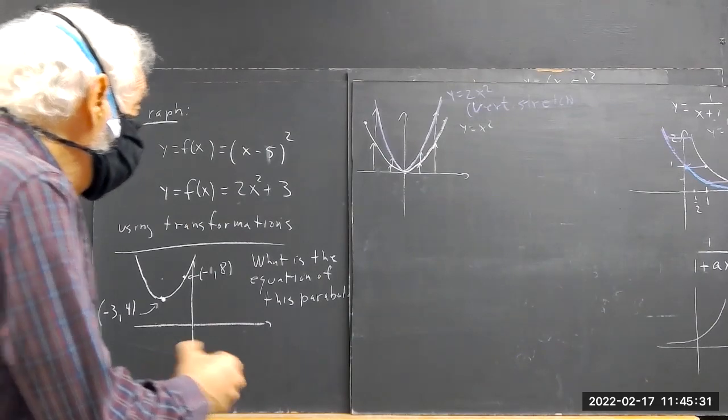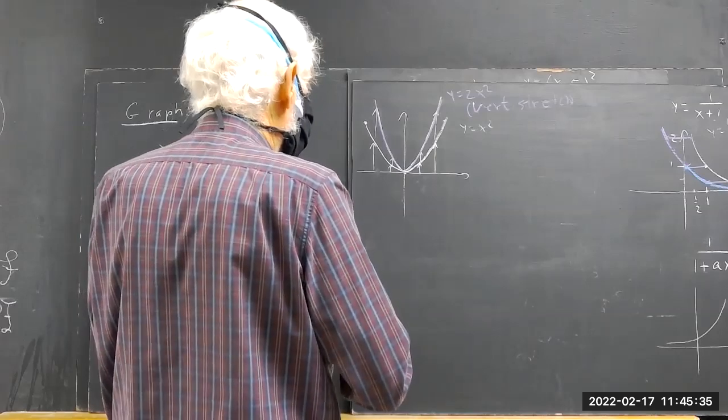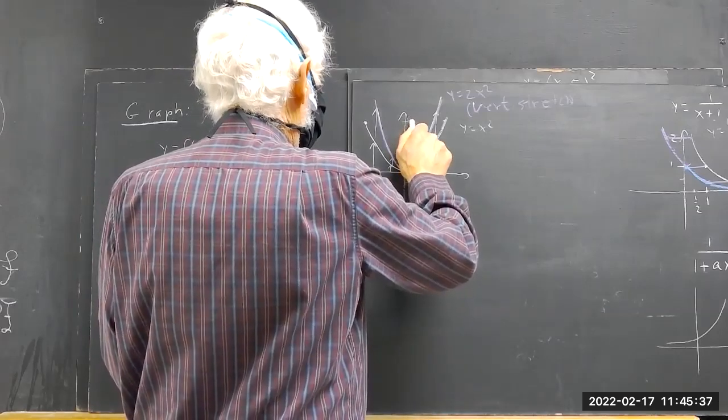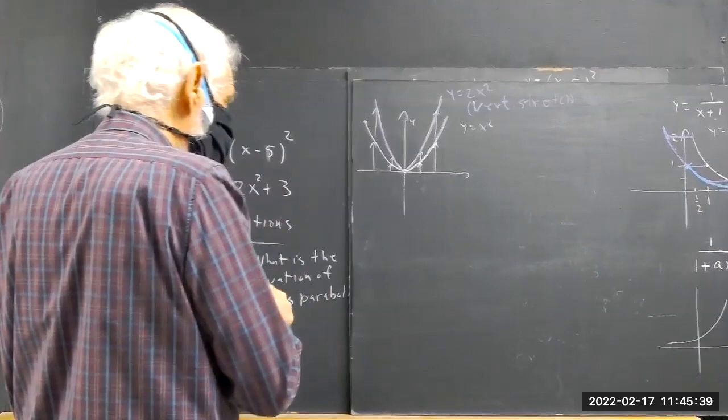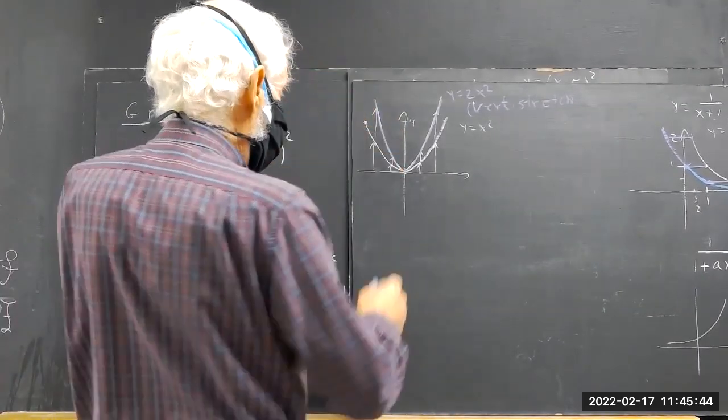Okay, and we'll do that. Yeah, we can use blue. And well, if this is here, then 3 is this much. So we move every point up 3 units.